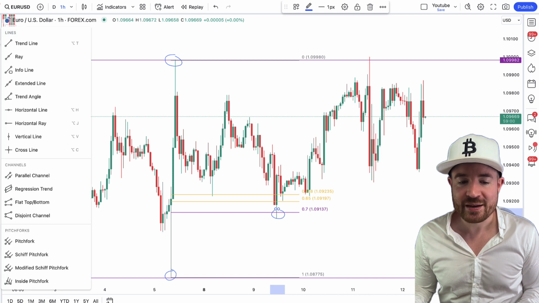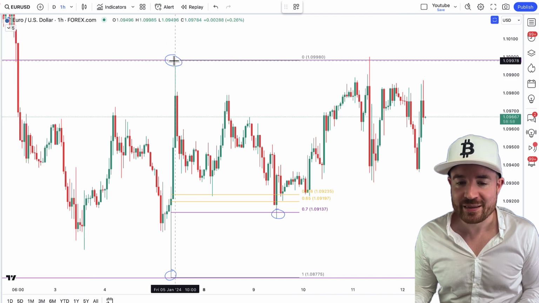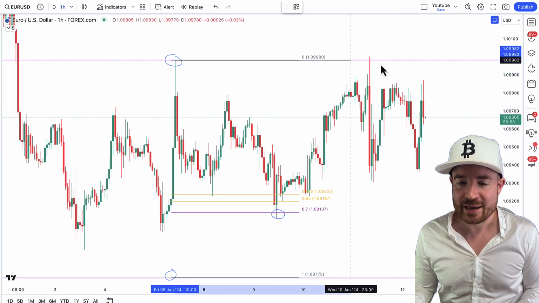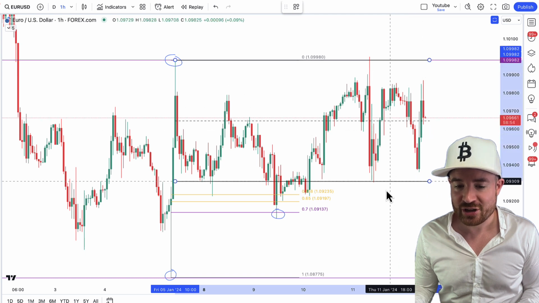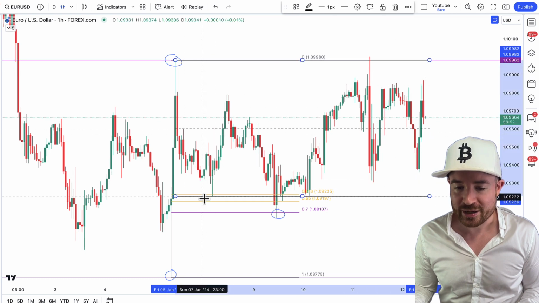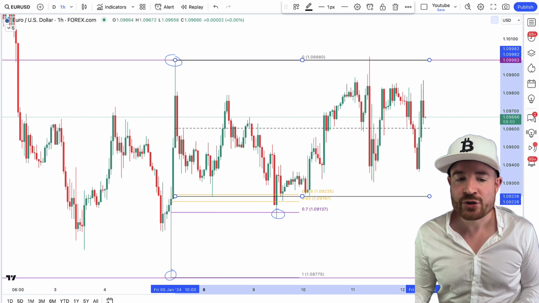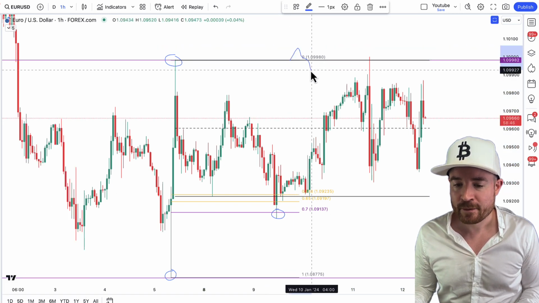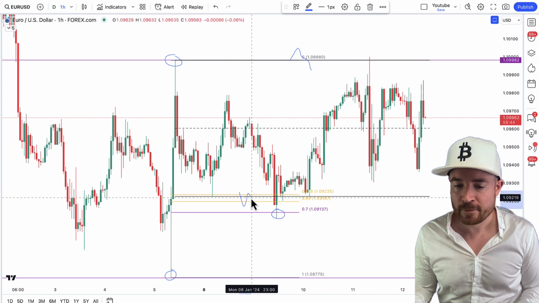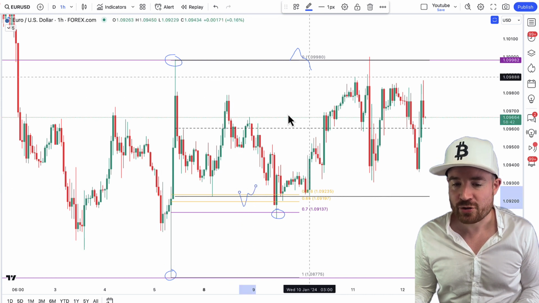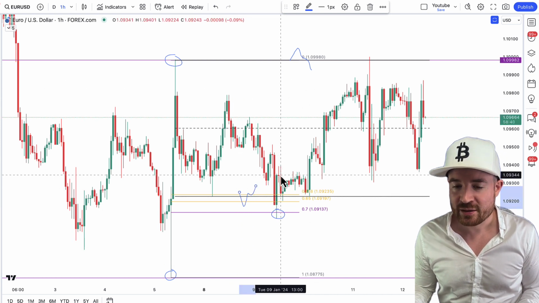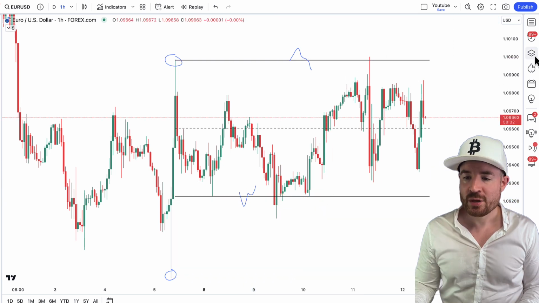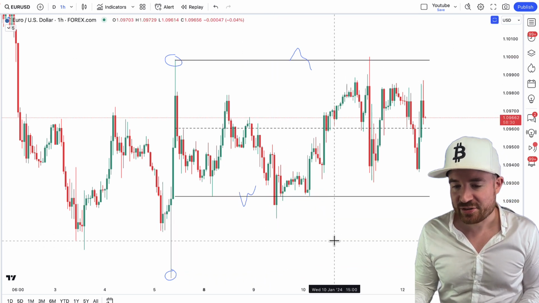So what we do then is we take the parallel channel, we take the wick high over here and draw that as the top of the parallel channel, and then the bottom is the wick low. Now, the rules of the range are simply that we wait for either a sweep of the high or a sweep of the low, reclaim into the range, drop back into the range, and then target the opposite direction. So by removing the other drawings, it makes it more clear for you.